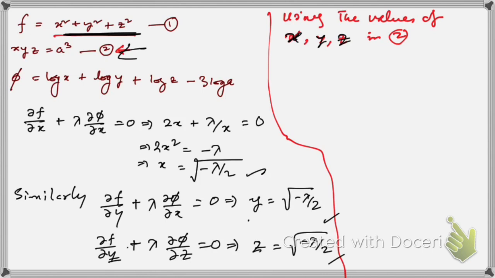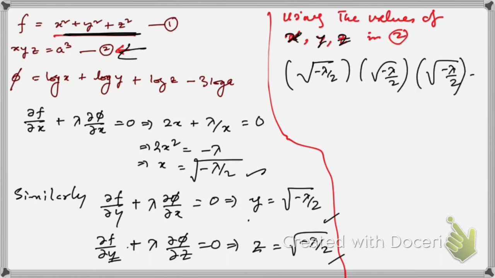Then you will get root over minus lambda by 2 into root over minus lambda by 2 into root over minus lambda by 2 is equal to a cube, right? So which means minus lambda by 2 whole cube is equal to a cube, so a is equal to root over minus lambda by 2.